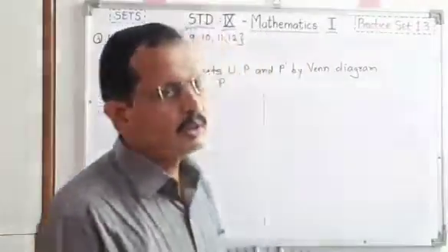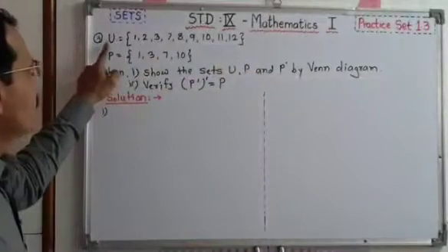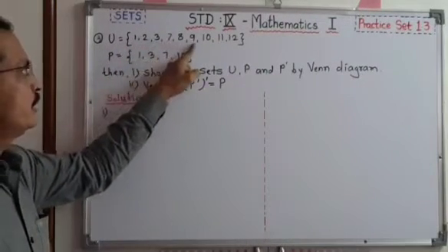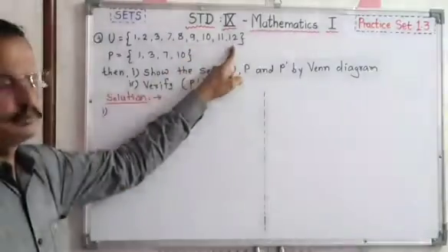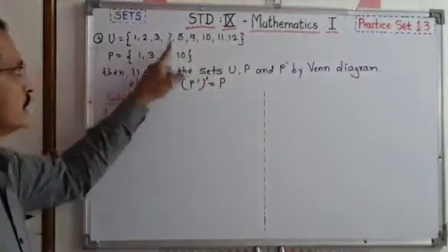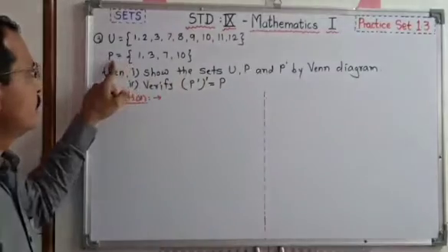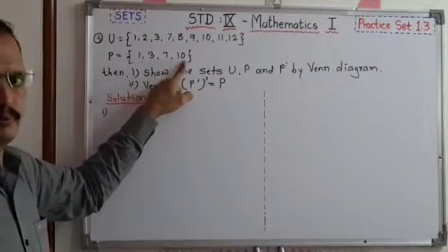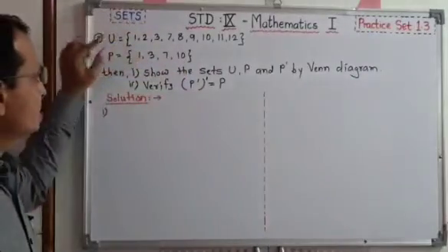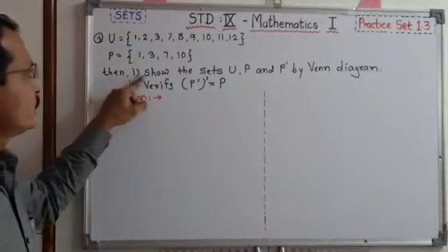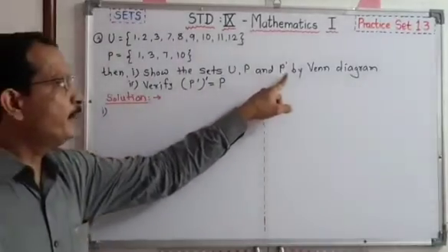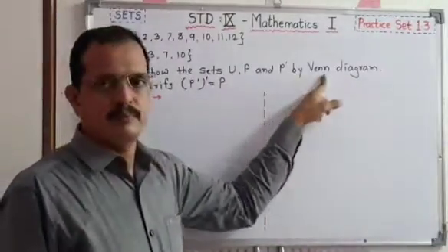Let's start with the third sum. The elements of U are 1, 2, 3, 7, 8, 9, 10, 11, 12. Set U, the universal set, is given. Set P has the elements 1, 3, 7, 10. From this information, we have to show the sets U, P and P dash by Venn diagram.